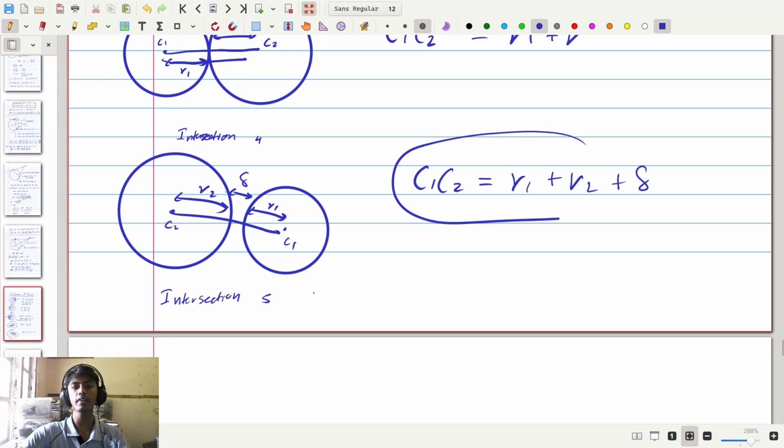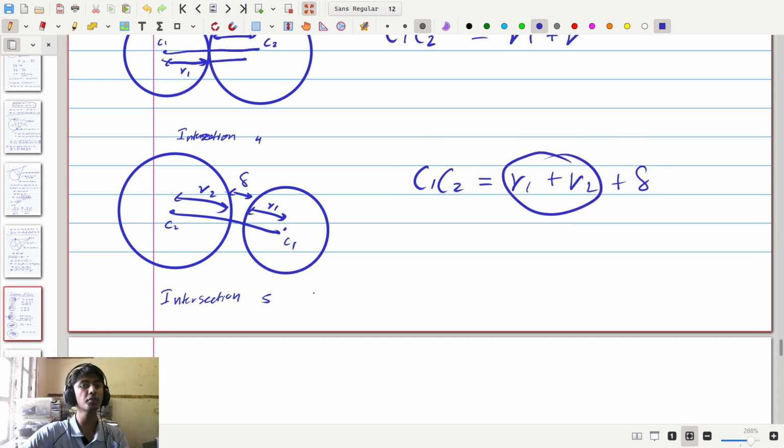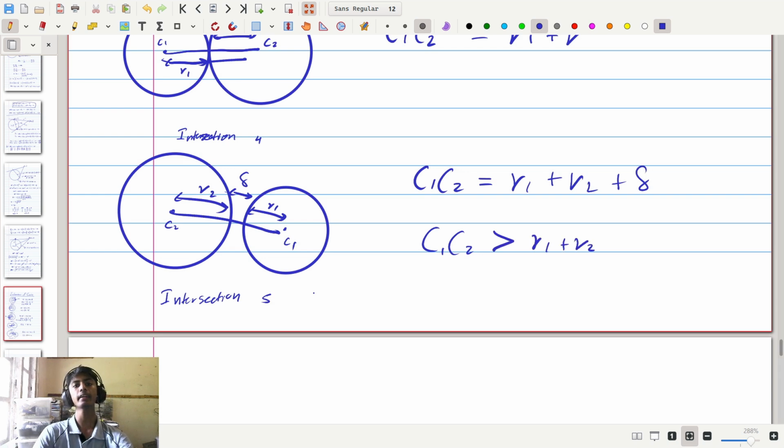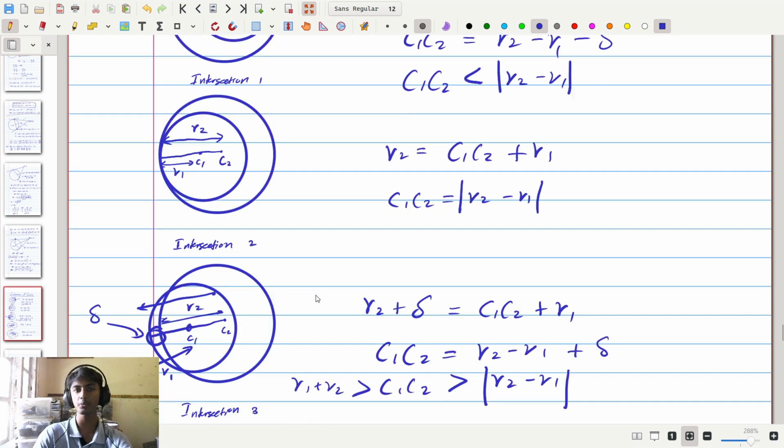Now, converting this equal sign into an inequality, we can see that r1 plus r2 must be some value smaller than c1, c2, since we need to add an additional positive value delta to r1 plus r2. Therefore, converting this into an inequality, we can see that c1, c2 must be some value that is greater than r1 plus r2. And that concludes the set of simple intersections that we have to discuss.